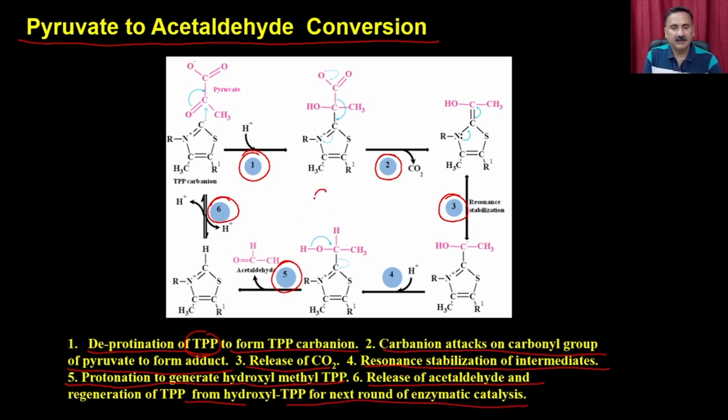So these are the 6 steps catalyzed by pyruvate decarboxylase to convert pyruvate into acetaldehyde, and that acetaldehyde is then taken up by alcohol dehydrogenase to convert the acetaldehyde into alcohol.